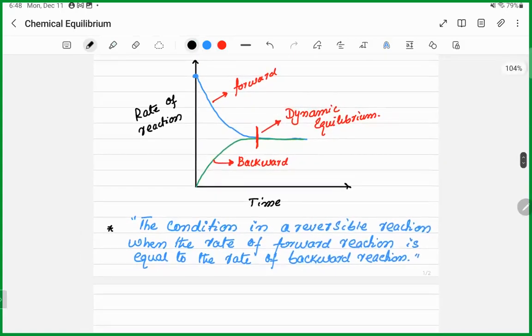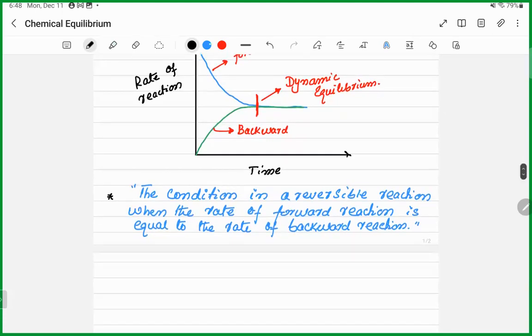Clear? And when the rate of forward reaction becomes equal to the rate of backward reaction, there should be no change in the amount of reactant and there should be no change in the amount of product. यानी जो rate of formation of product or decomposition of product same हो जाता है. Clear?